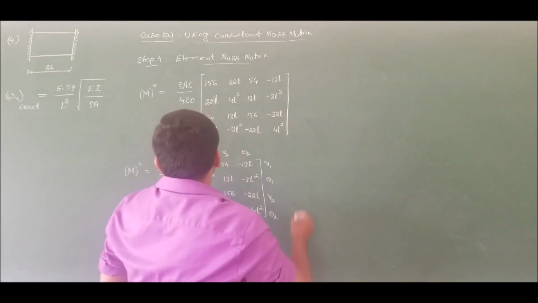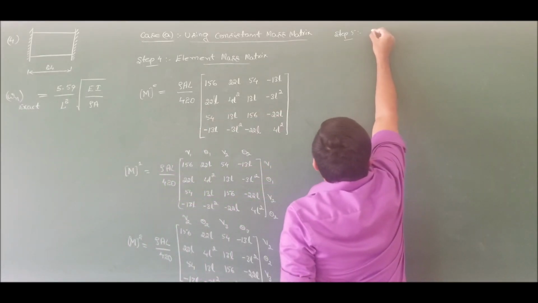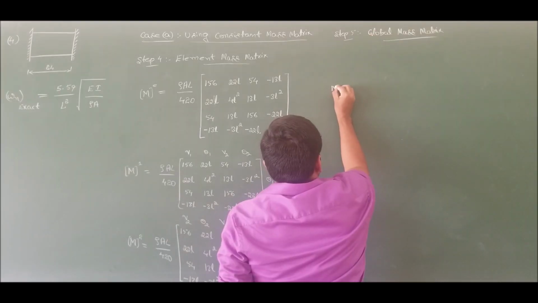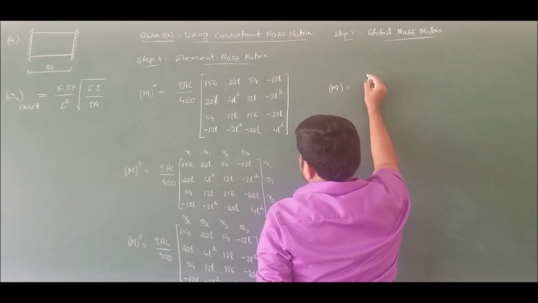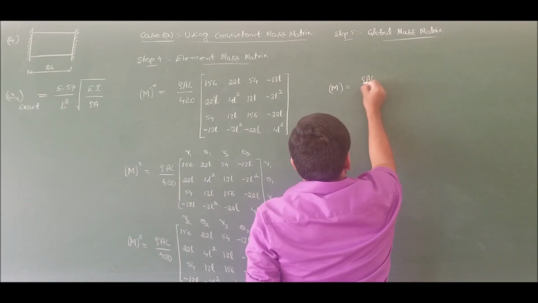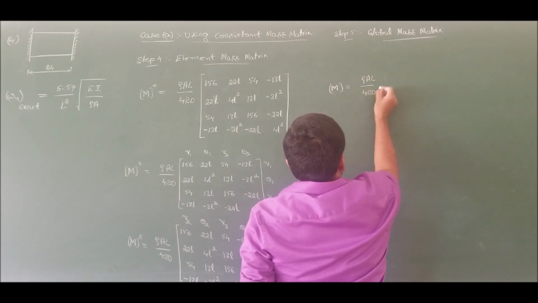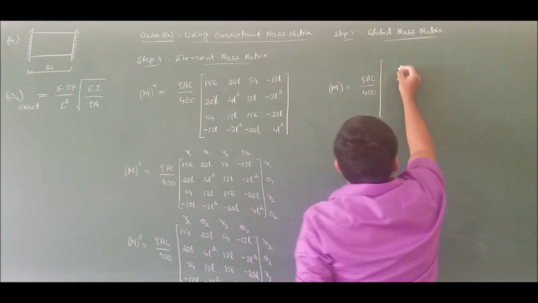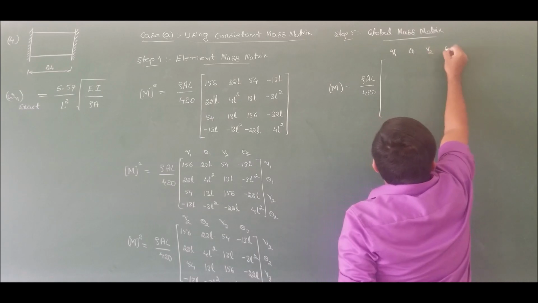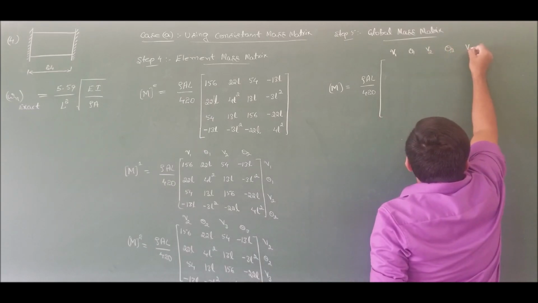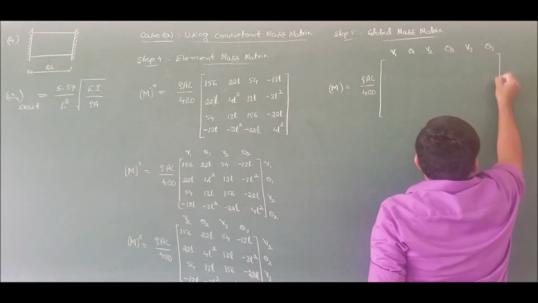That is, moving to step 5, global mass matrix. The order of the global mass matrix is 6 cross 6. We have a constant rho A L by 420 and the variables are V1 theta 1, V2 theta 2, V3 theta 3.